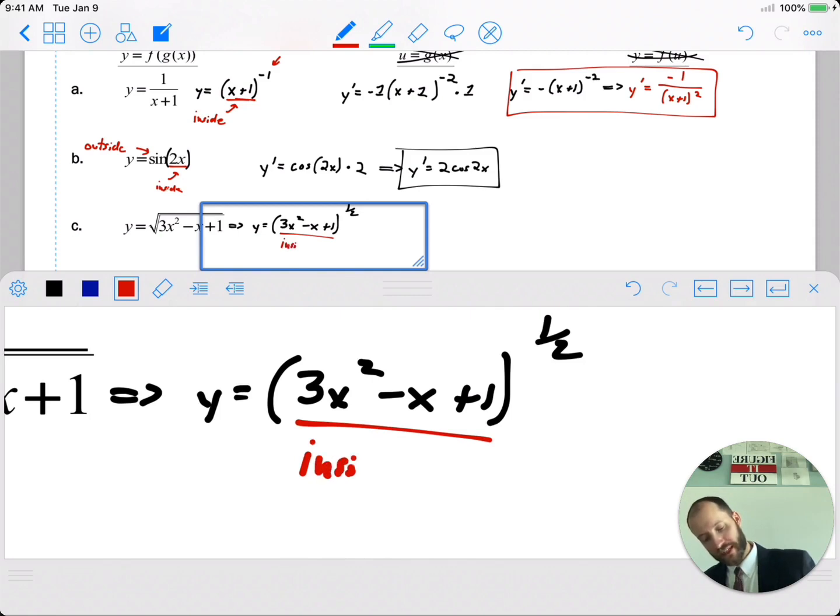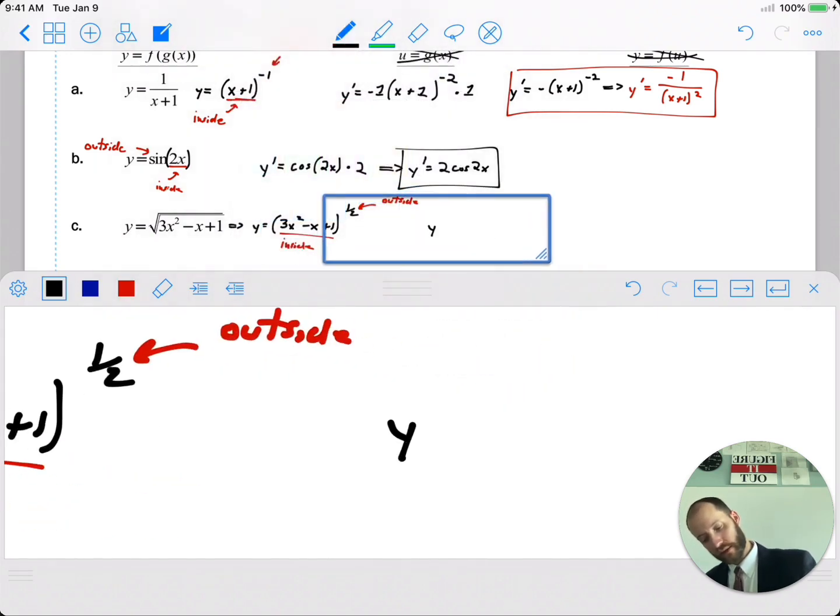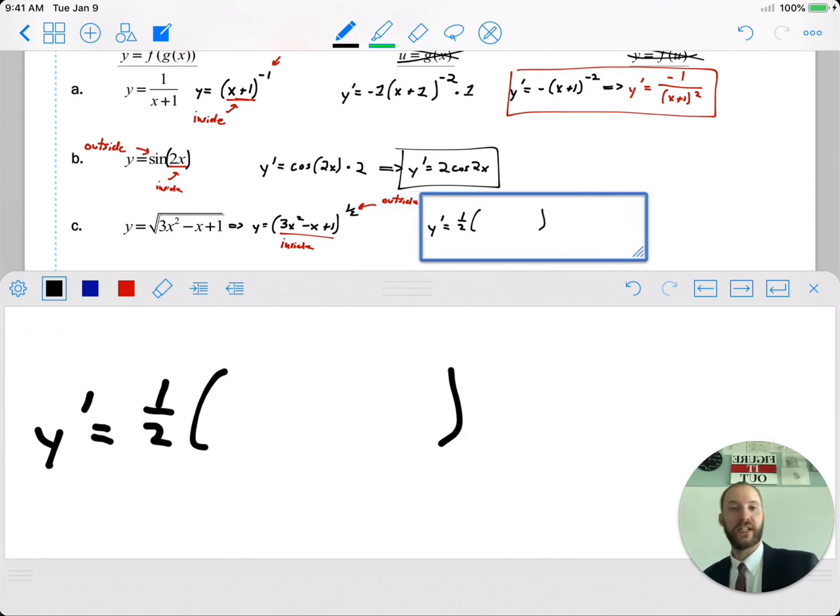So we have our inside, and we have the 1/2 power, or the square root, as the outside. So derivative of the outside, the 1/2 power, bring the 1/2 down, decrease 1/2 by 1, so 1/2 minus 1, negative 1/2, and leave the inside alone.